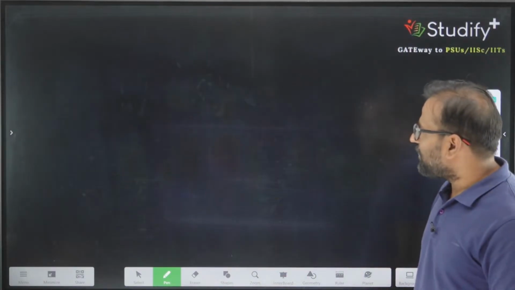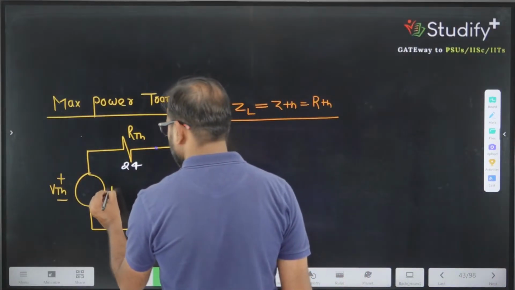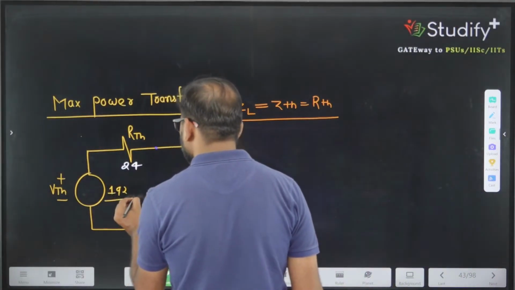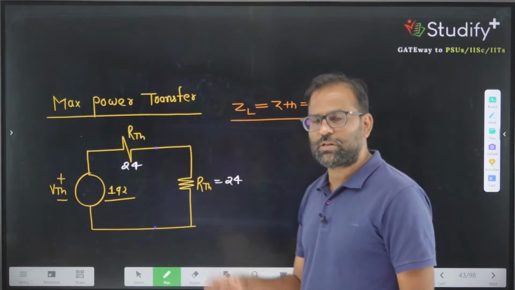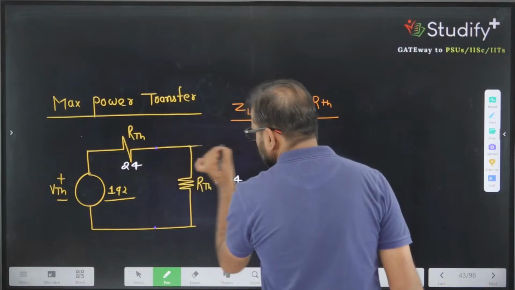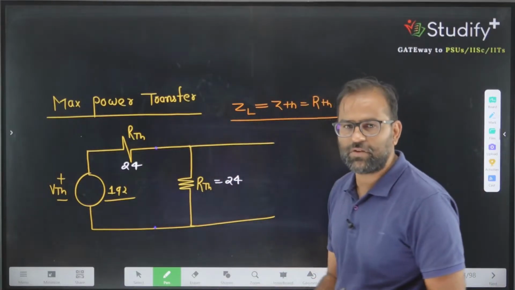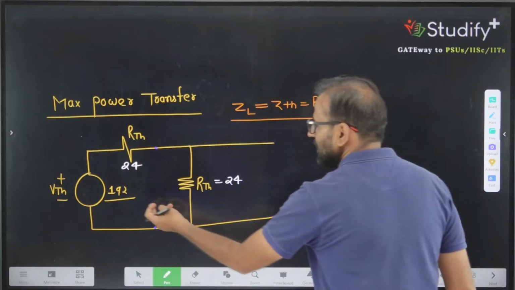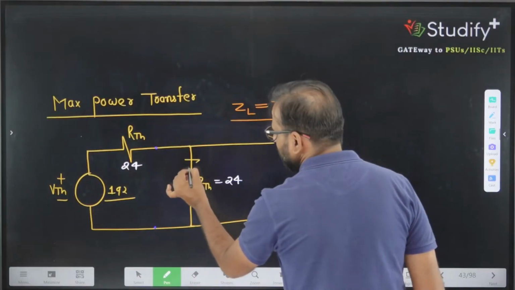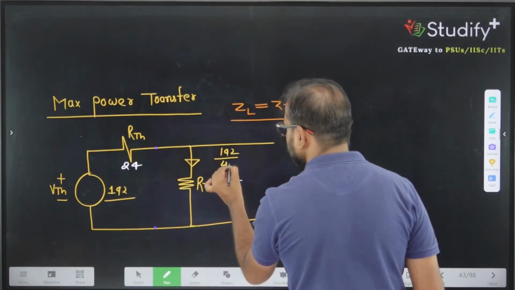If VTH is 192 volt, we know everything about this circuit. If this is 192 volt, we are interested in the maximum power, and this circuit diagram is also true for the maximum power, and we are interested in the power across this component. So what is the power across this? Power is given by the current across this and the voltage across this. The current across this 24 is 192 divided by 48.